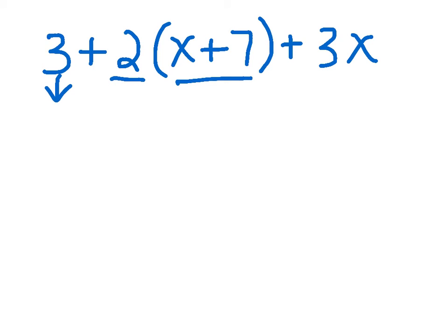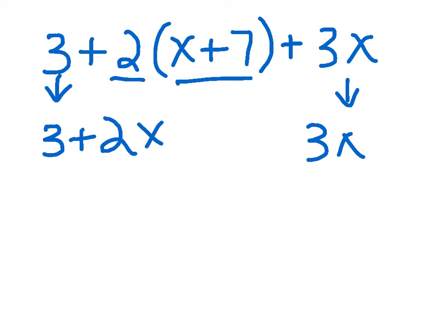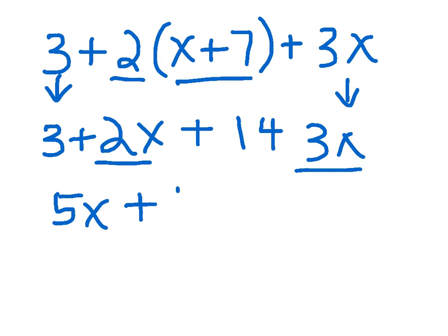This has nothing to do with it, and this has nothing to do with it. So that makes it 2 times x is 2x. 2 times 7 is 14. Now I'll combine the like terms. That gives me 5x plus 17. So that's it. That's just a little reminder on how to do this.